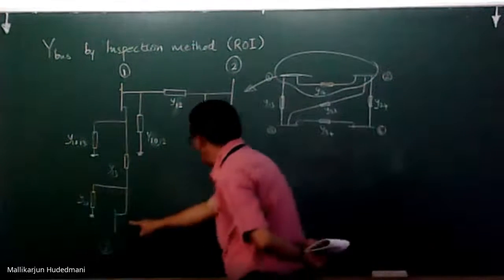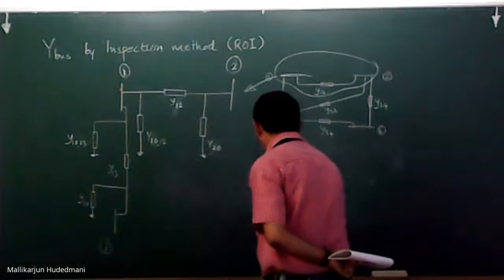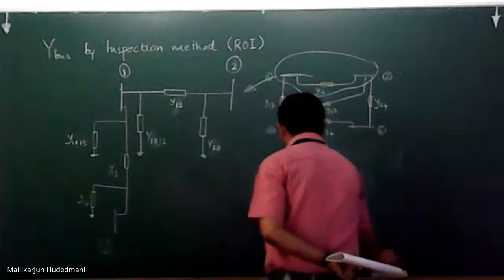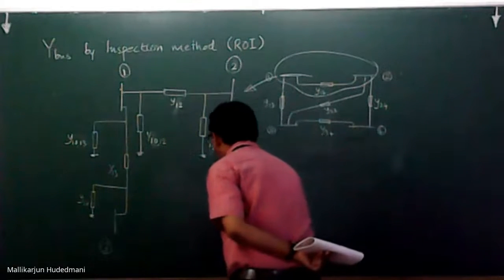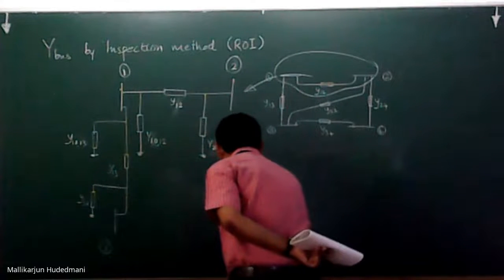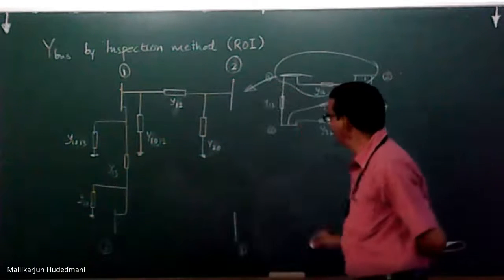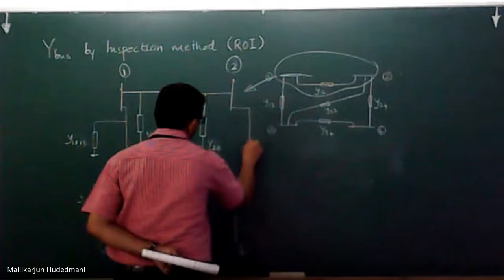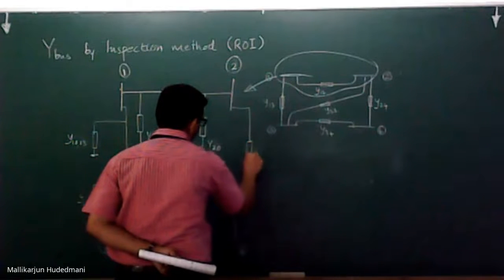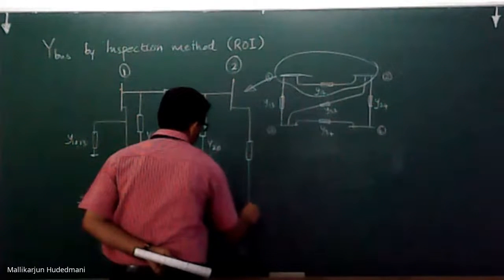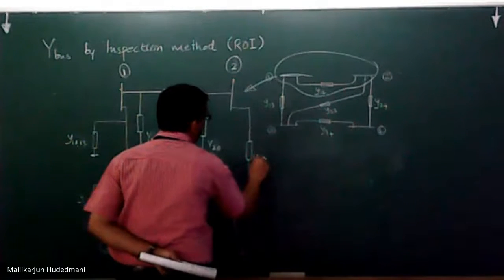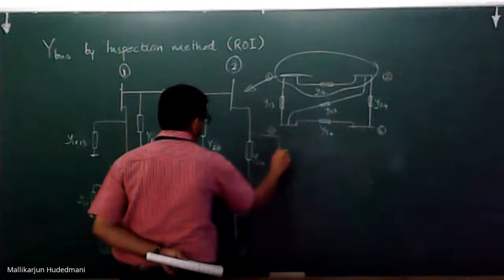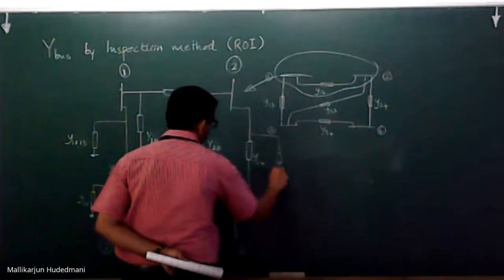Let me draw here. I just make another bus location somewhere wider here. I make it bus number 4. We do it closer, nothing wrong in that. Bus number 4. So I shall do this way. Bus 4, I have a line like this, Y24, and from here I just write half line charging admittance.